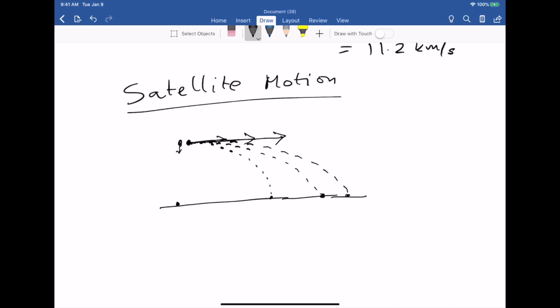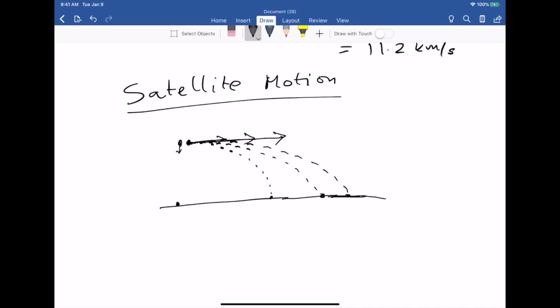If I keep on increasing the horizontal velocity, a new thing will start happening just because the Earth is not infinitely flat, contrary to what a lot of people seem to believe.